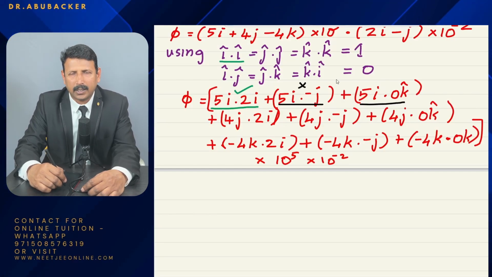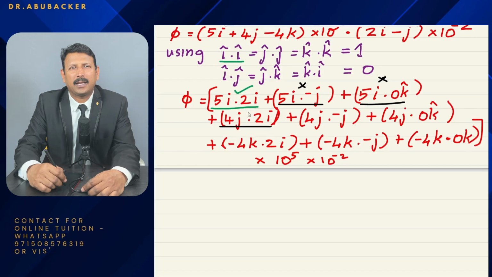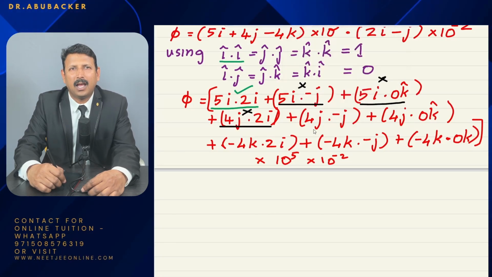Now we mark what exists and what does not. Does the first term exist? i dot i exists, right? So I gave a tick mark. i dot i, the answer is 1.